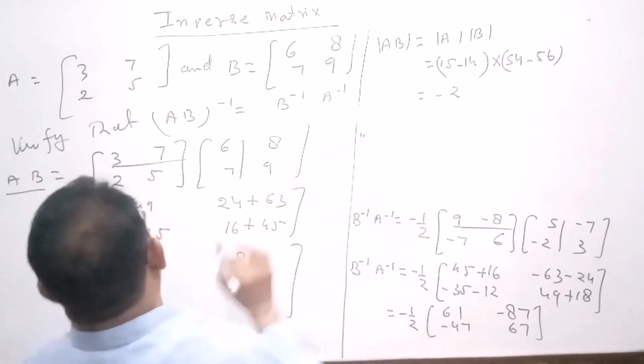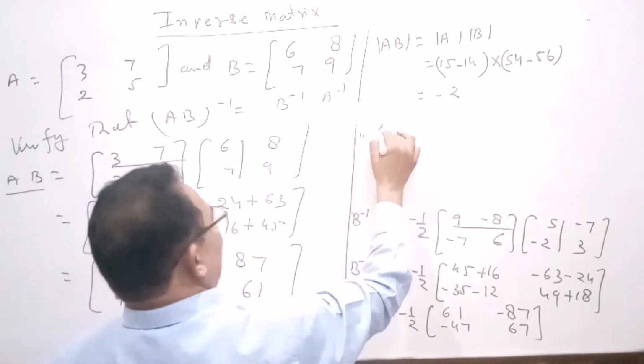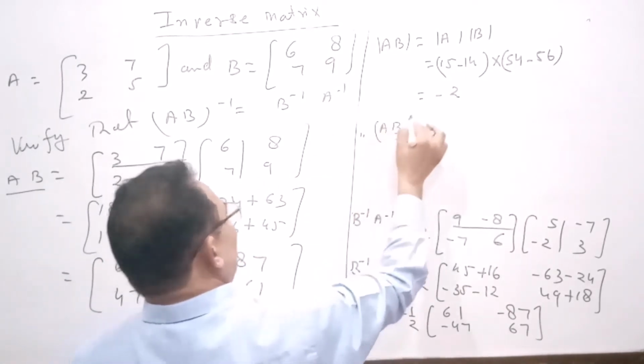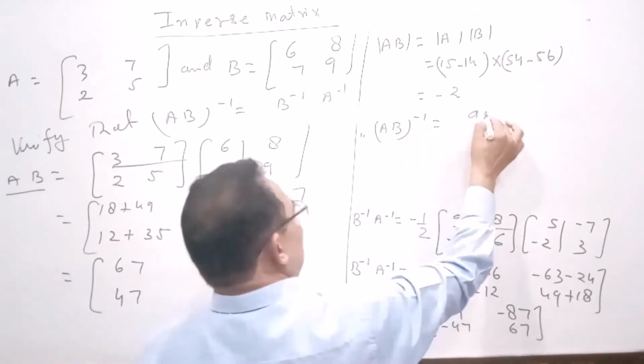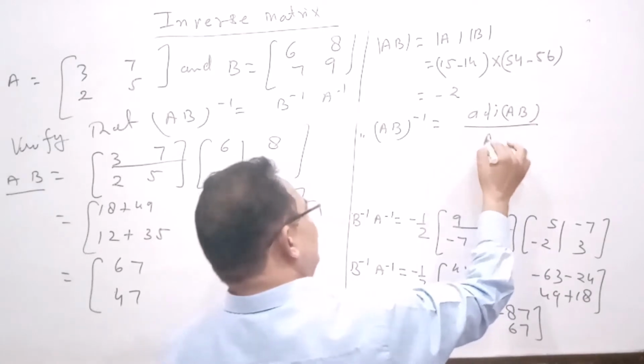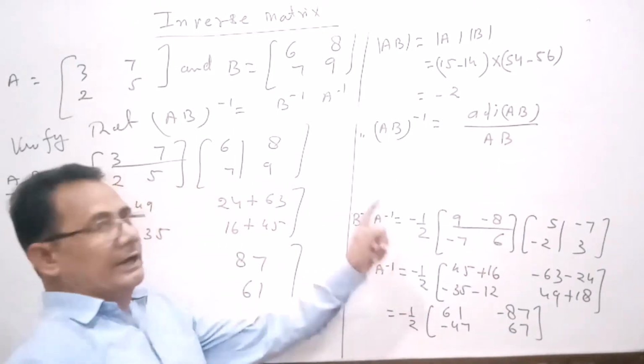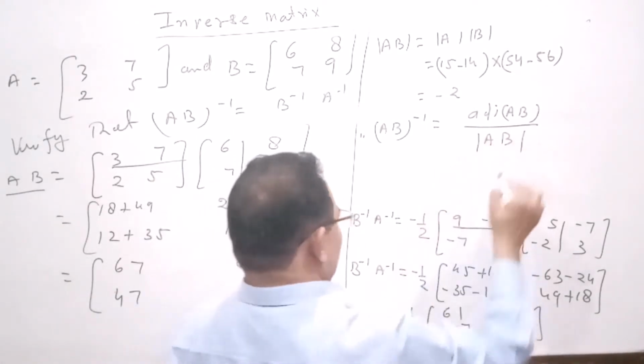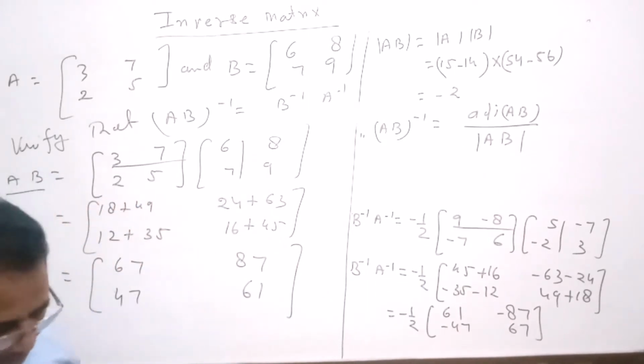Therefore the value of (AB) whole inverse is equal to the adjoint of AB divided by the determinant of AB.